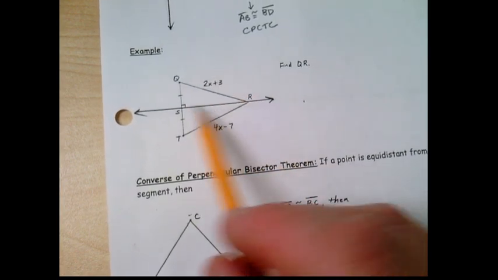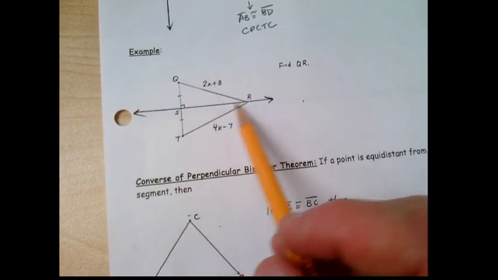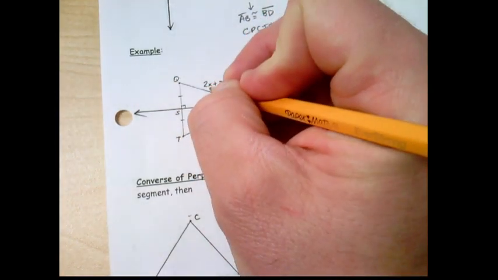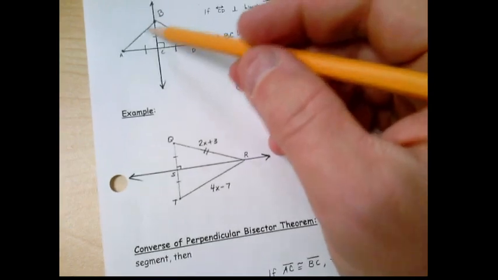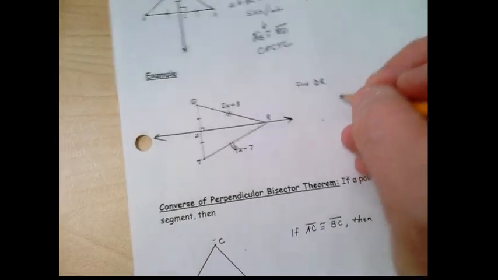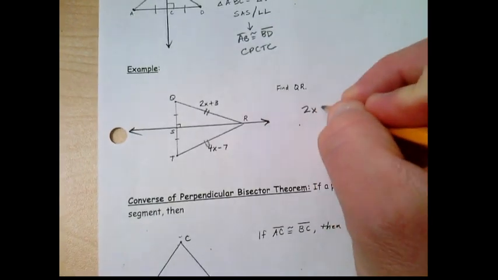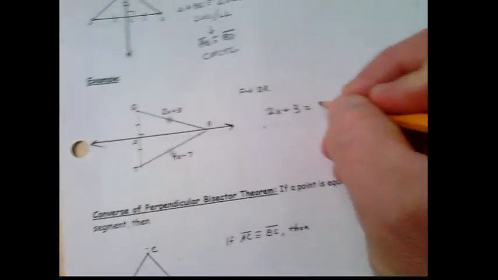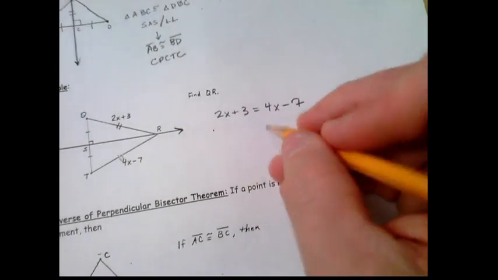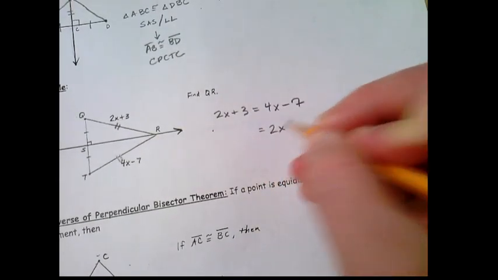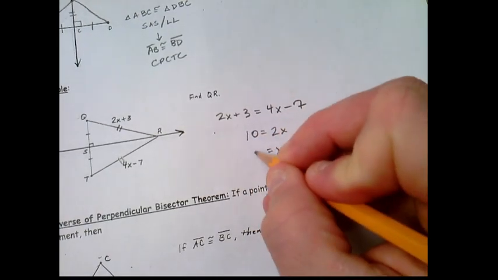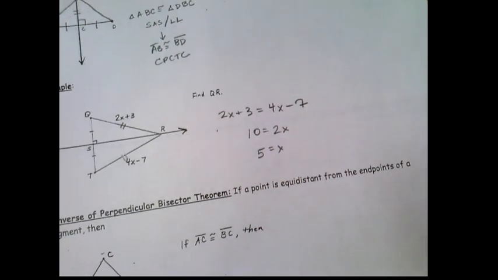Okay? So if that's the case, let's go down here and look at an example. This line right here lies on the perpendicular bisector of this segment. So what's true then? Well, I don't have to prove the triangles congruent anymore. We've already done that. We know that these two segments will be the same length. So if I'm going to go ahead and set up the equation to solve for x here, in solving for x, subtracting 2x from both sides, adding 7, and then dividing by 2, we get x to be 5, okay?